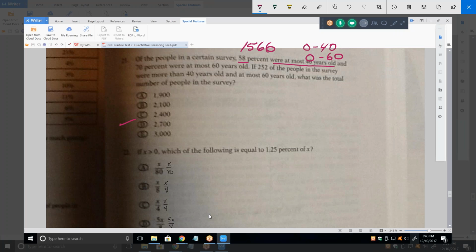And from 0 to 60, 2,700 times 70% is 1,890. Okay, so that does not give us 252. That gives us 324. So does that tell us we need a smaller number or a larger number?